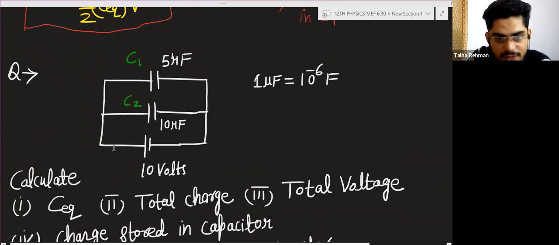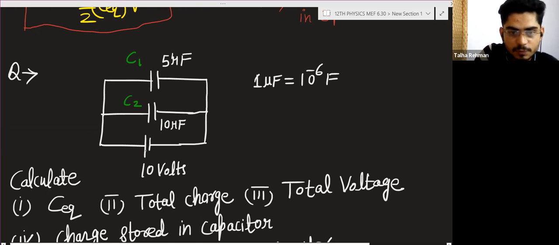Because from here you can see, actually you should remember the network types. If this type of network, then you can say this combination is parallel combination of capacitor. And from here, if you want to go with concept, so you can see if here is potential V, then you are moving like this. Here is potential V, V, V. Here is same. Here is also V. Accordingly, you can check. Okay.